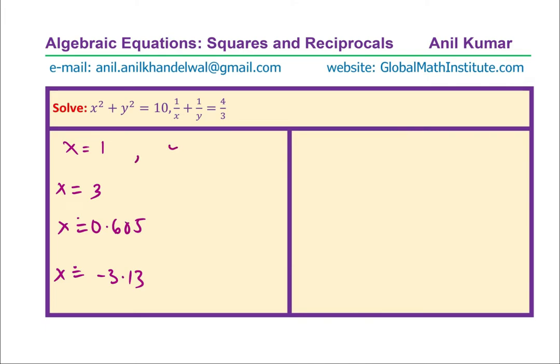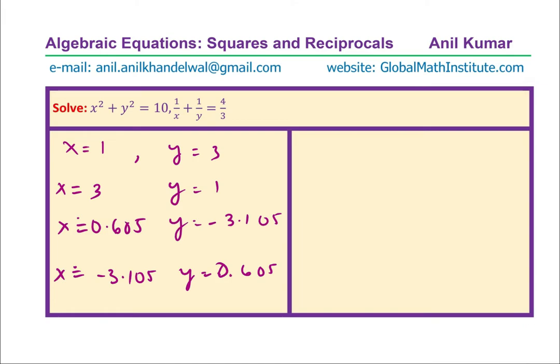So for the corresponding values, y is 3, y is 1, y is minus 3.105, and y equals 0.605.